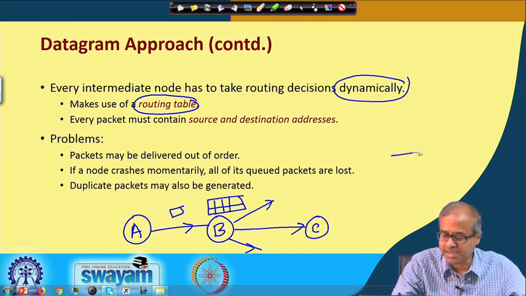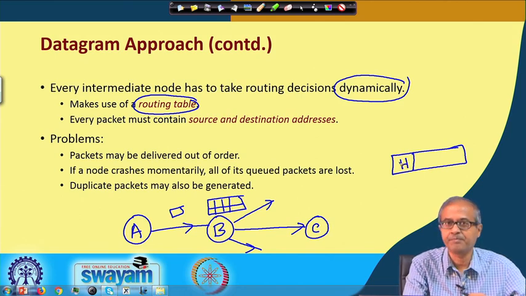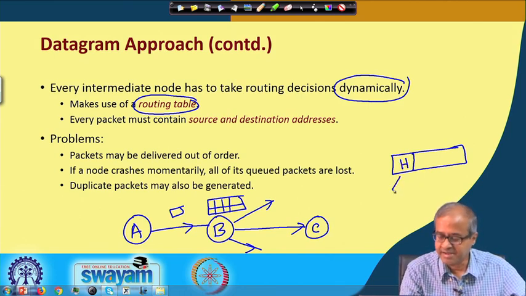To take this decision, what is required is that, as I mentioned, each packet will contain a header. In this header, there must be a source address and also a destination address.